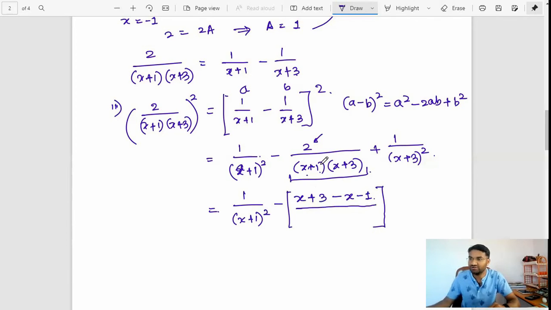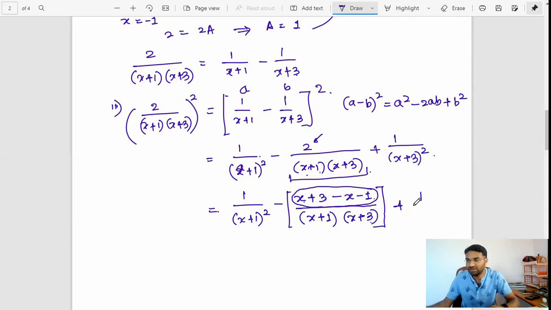Because we have to separate x plus 1 and x plus 3. That's the main reason, and we just have to readjust the terms at the numerator. When you solve the numerator part, ultimately you will get 2 only. So x plus 3 minus x minus 1 is just 2.